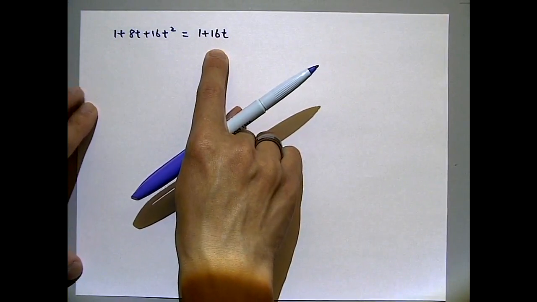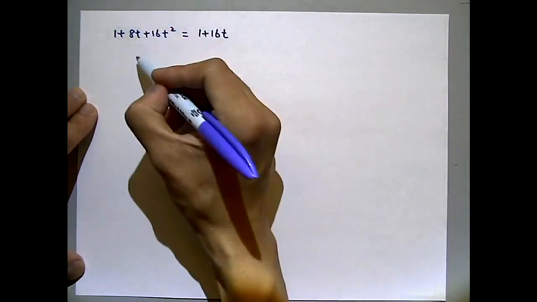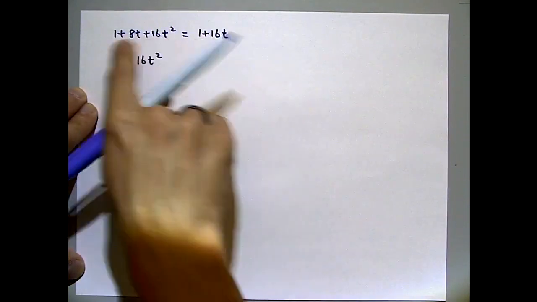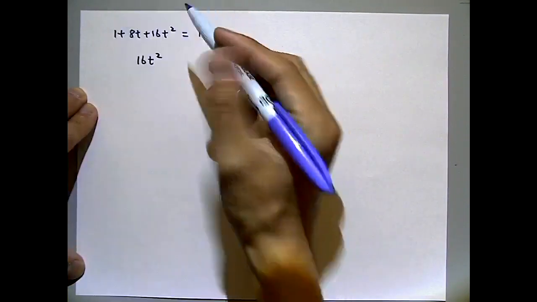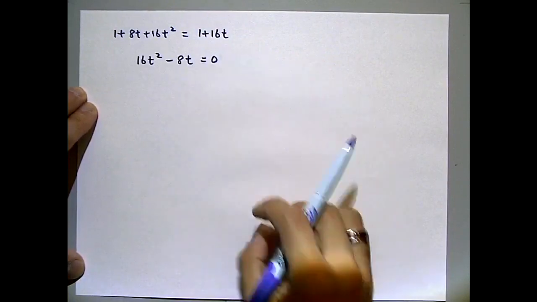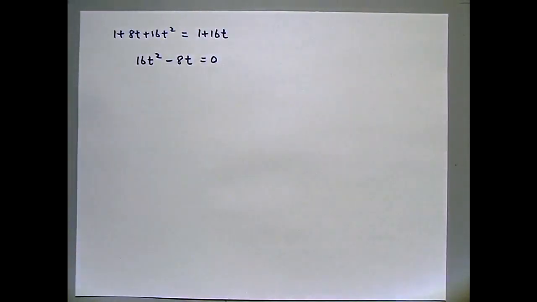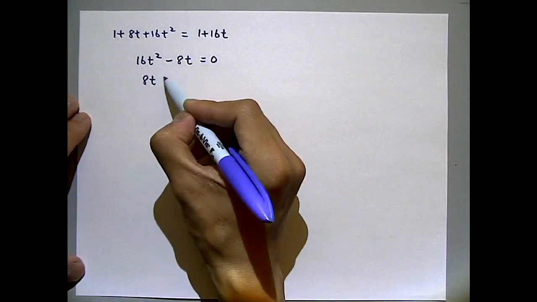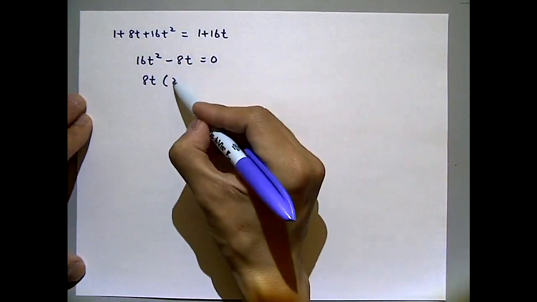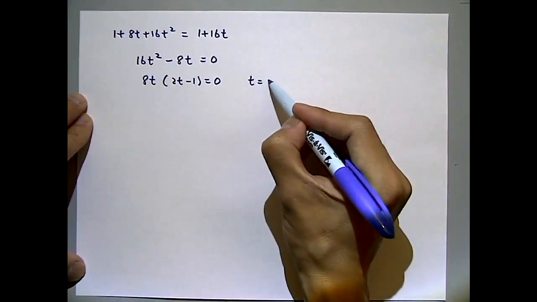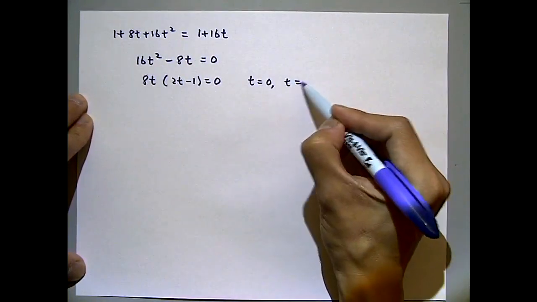We expect two solutions to come out of this. The ones go away. I can subtract 16t over here, and this becomes negative 8t. 16t squared minus 8t is equal to 0. And that's very easy to solve. Factor 8t out of that. And we see that t is equal to 0 and t is equal to 1/2.